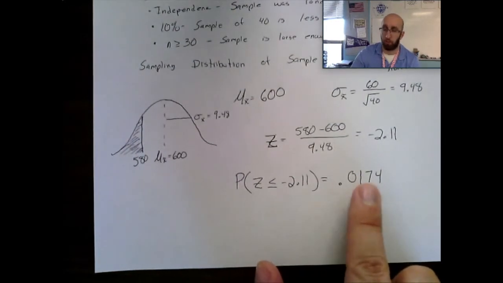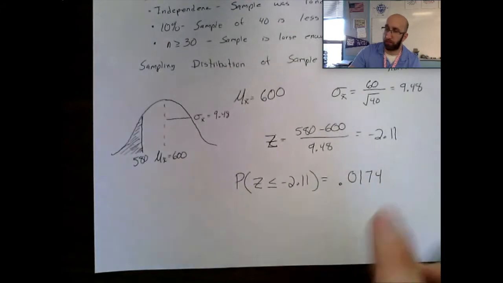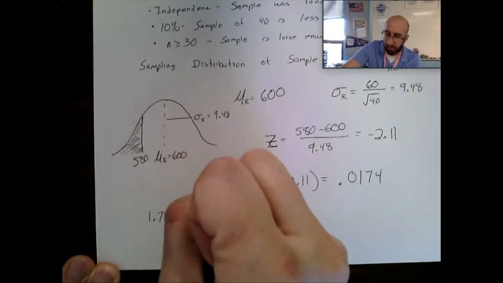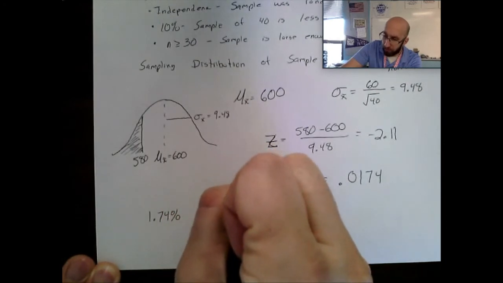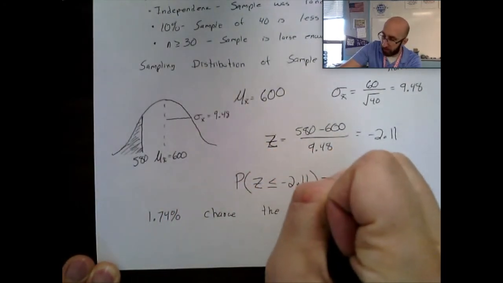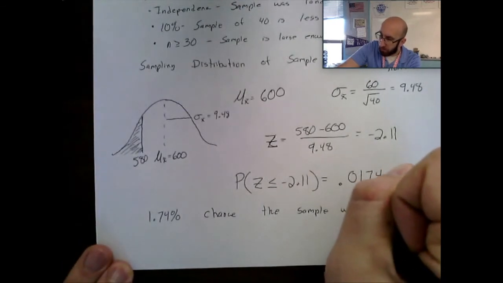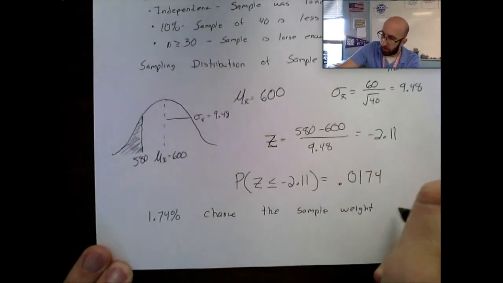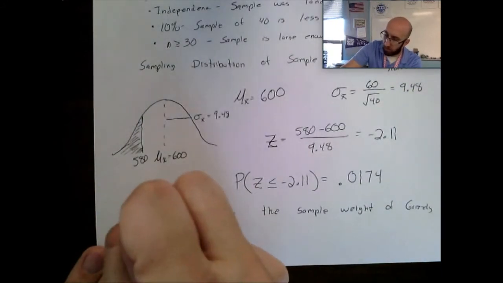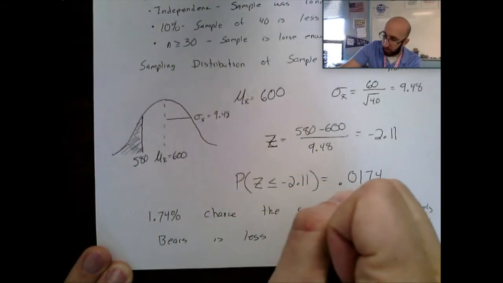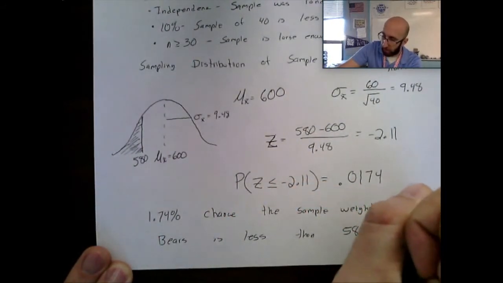Final thing we need to do here: context. Explain what in the world this means. We're going to change this from a proportion to a probability. There is a 1.74% chance the sample mean weight of grizzly bears is less than 580 pounds.